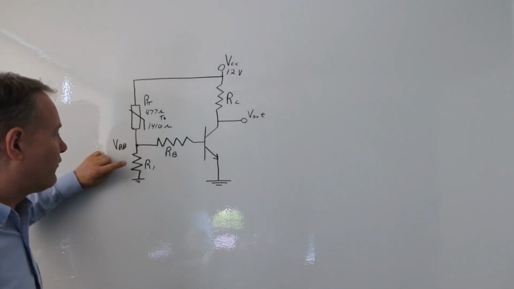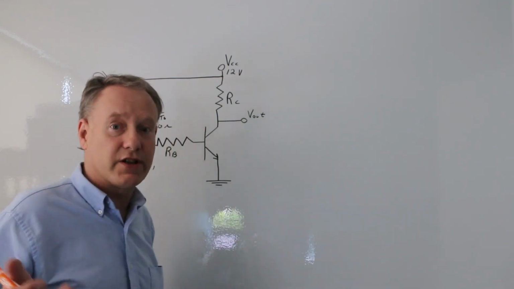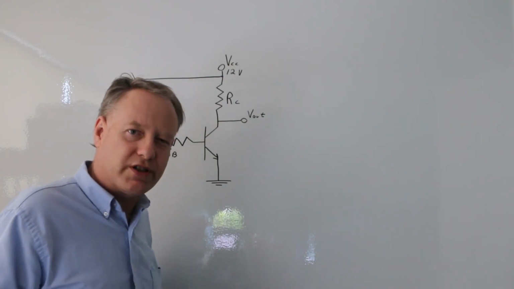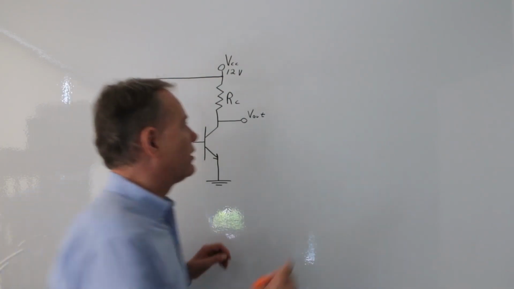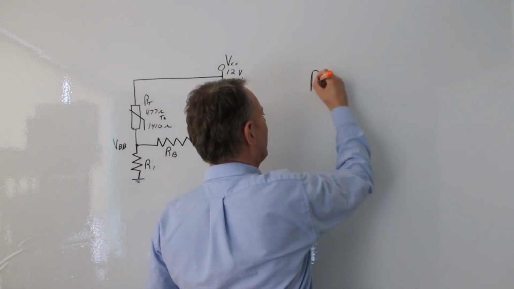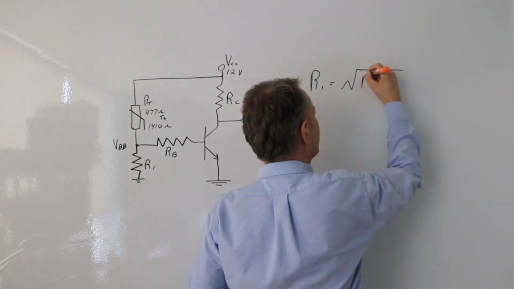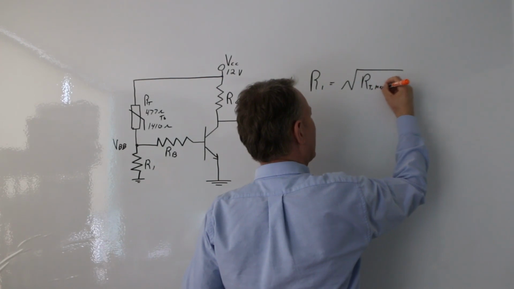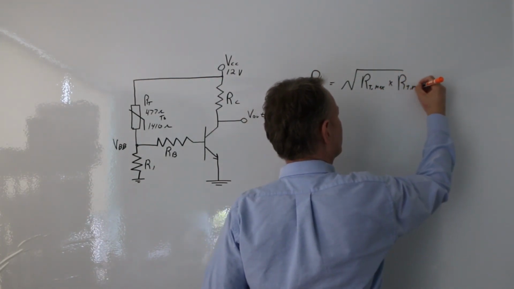So the actual formula for that, I kind of like this formula. This is something I've used for years. I figured it out years ago. But essentially, if I have any kind of voltage divider and I want to get the greatest range out of my voltage divider, use this formula. So I'm going to say R1 is going to be equal to the square root of my R thermistor max times my R thermistor min.